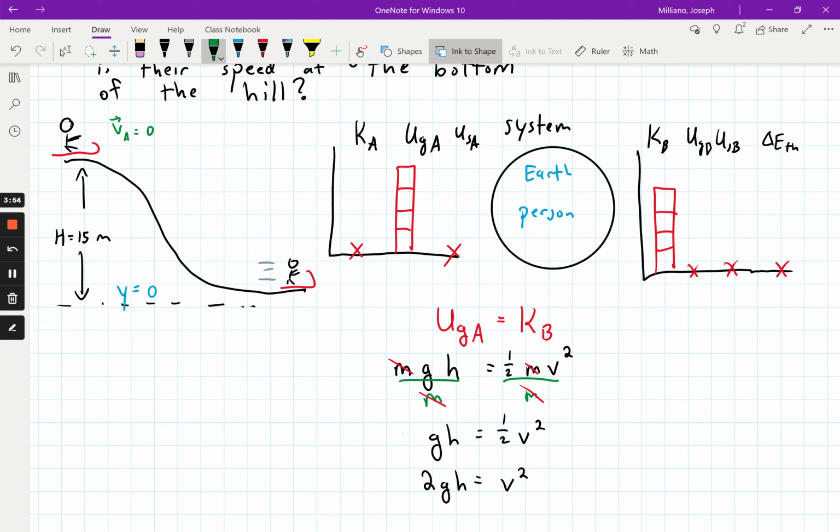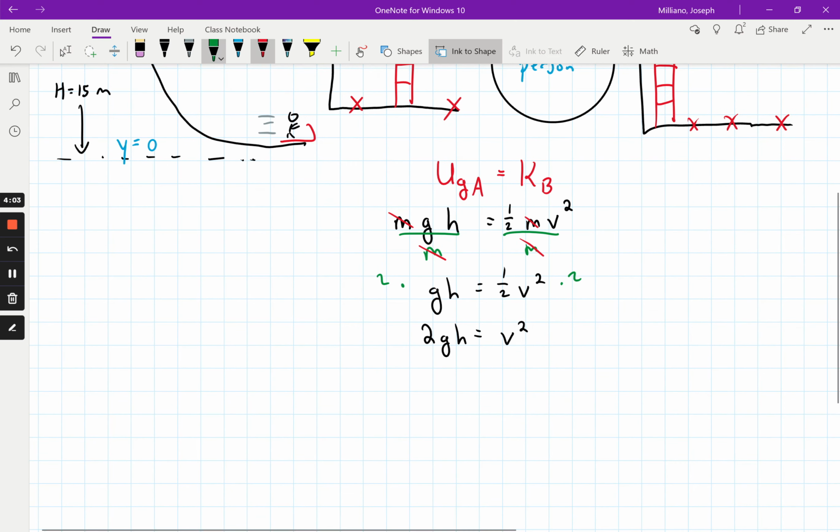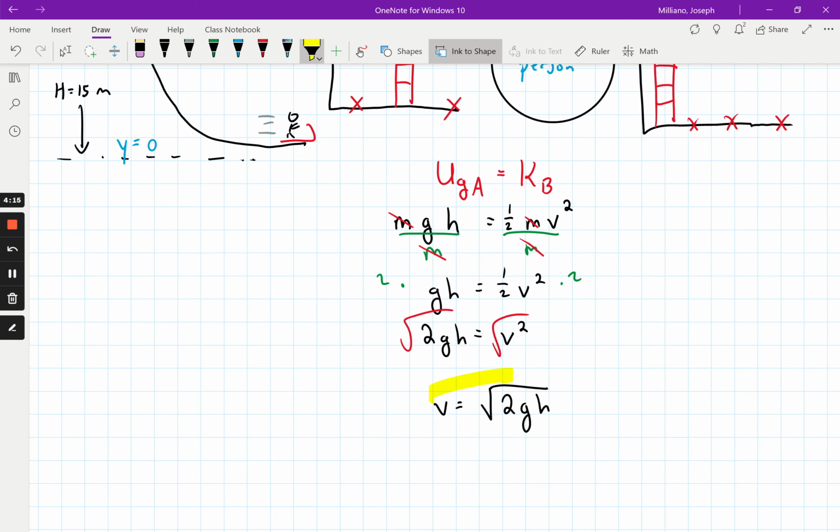That came from multiplying each of these by 2. Half times 2 is 1, right? And then my last step is to take the square root of both sides, and I end up with speed equals square root 2gh. And this is basically the answer, right?